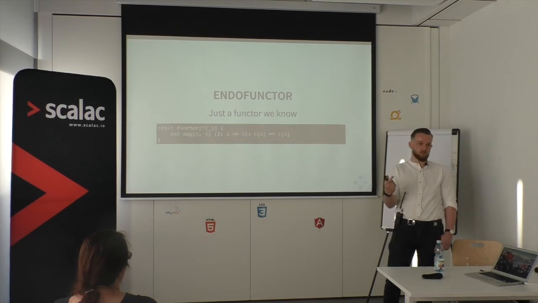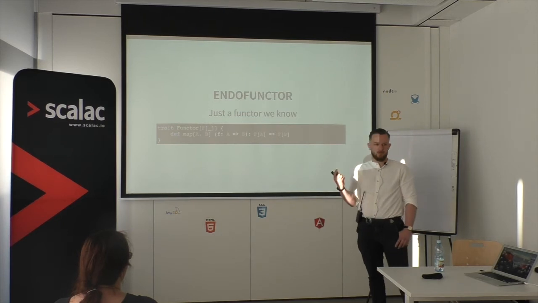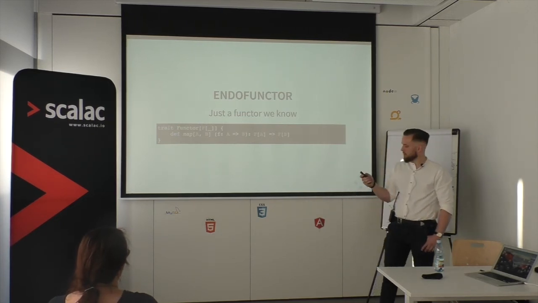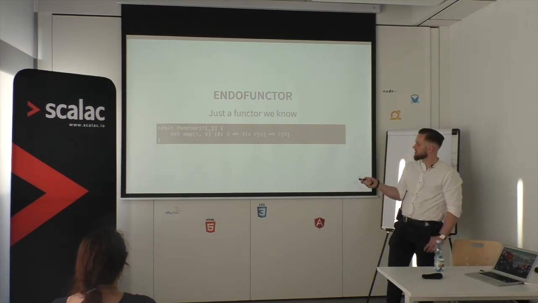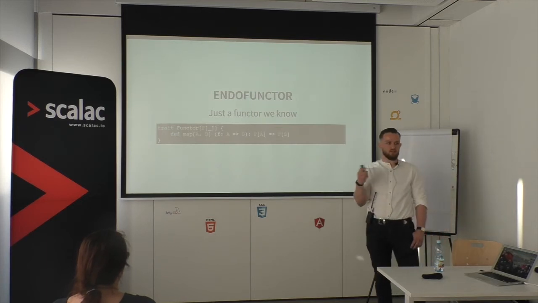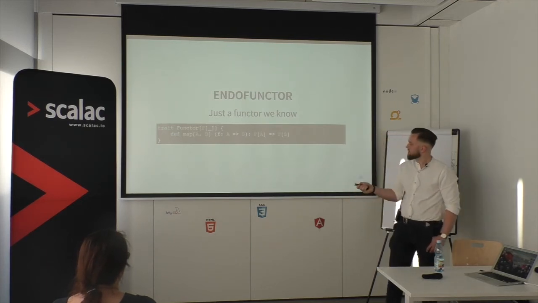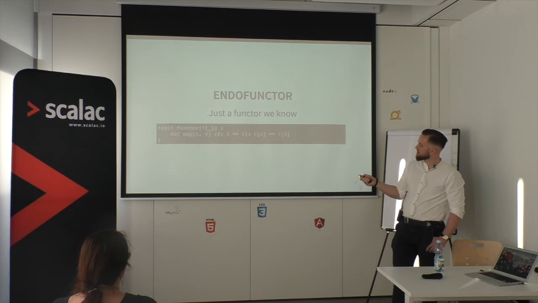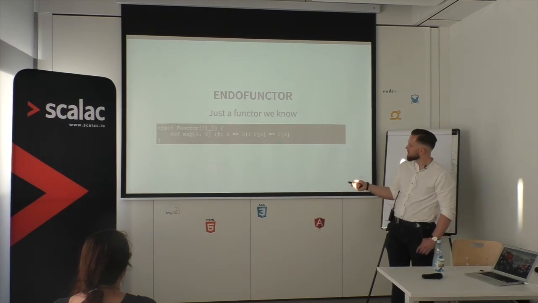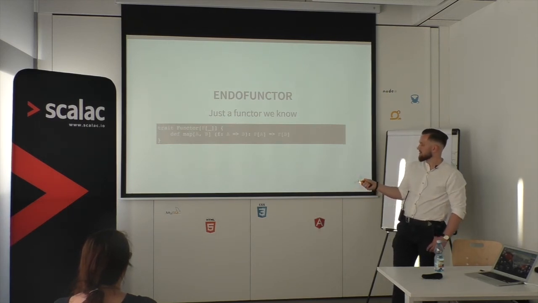Option is not a type, it's a type constructor, but option of int is a type. Okay? So this is the mapping between objects of the category, because the objects are types, and this is a mapping for arrows, because arrows are just functions from A to B, and we transform each function from A to B into a new function from f of A to f of B.